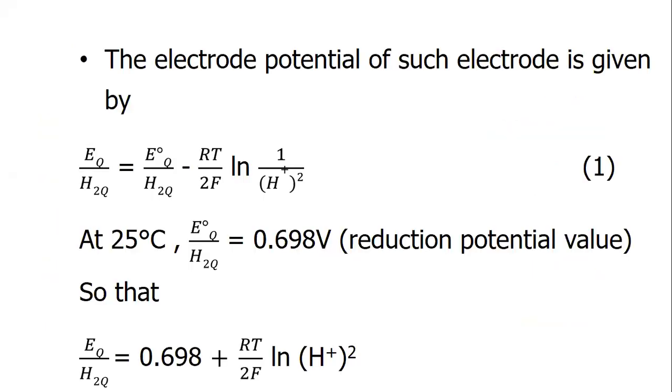The electrode potential of the quinhydrone electrode is given by E Q over H2Q equals E standard Q over H2Q minus RT over 2F ln 1 over H+ squared. At 25 degrees Celsius, E standard Q over H2Q equals 0.698 volt, the reduction potential value, so that E Q over H2Q equals 0.698 plus RT over 2F ln H+ squared.